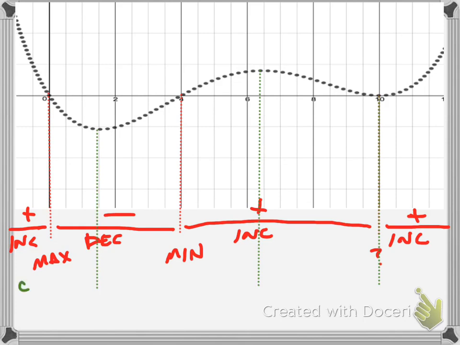So what does that tell us about the concavity? Well, along this first interval, it's going to be concave down, because that's where the slopes are decreasing. Along this next interval, we know it's going to be concave up, because that's where your slopes are increasing. Concave down, concave up. And these are going to be inflection points.